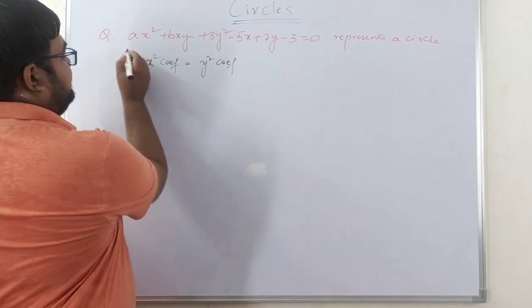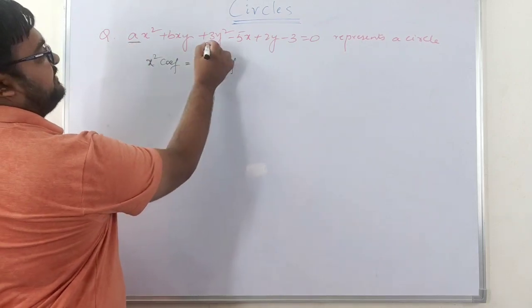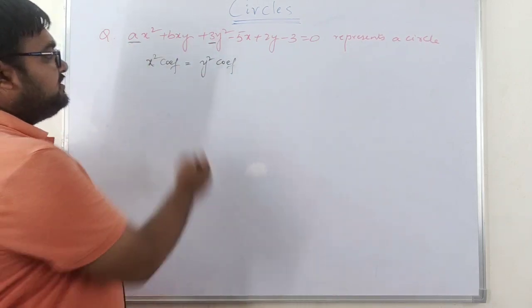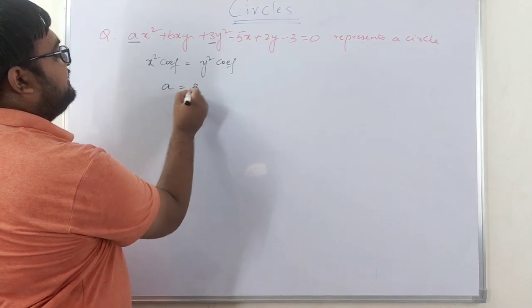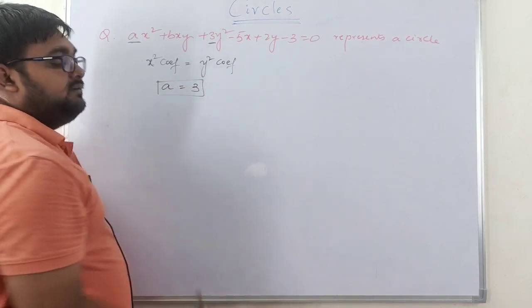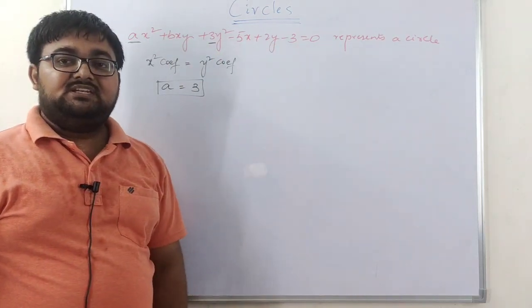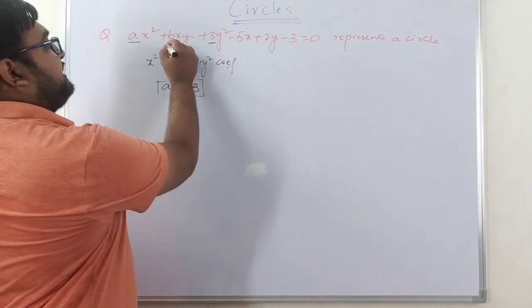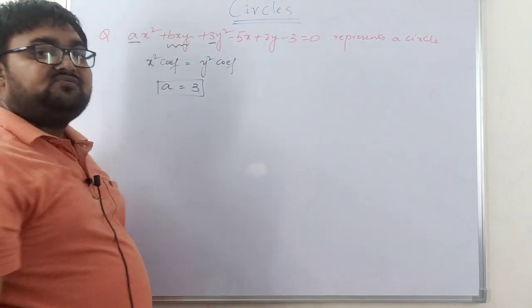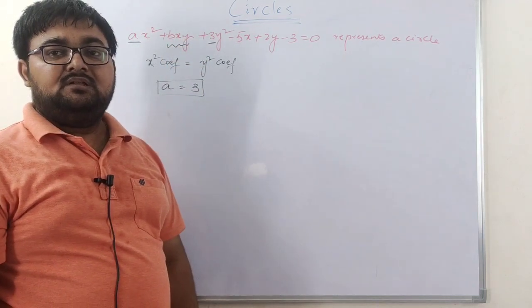So from this, the x square coefficient is a, and the y square coefficient is 3. So from this I can say a is equal to 3. Next, if you want this equation to represent a circle, this xy term should not be there.